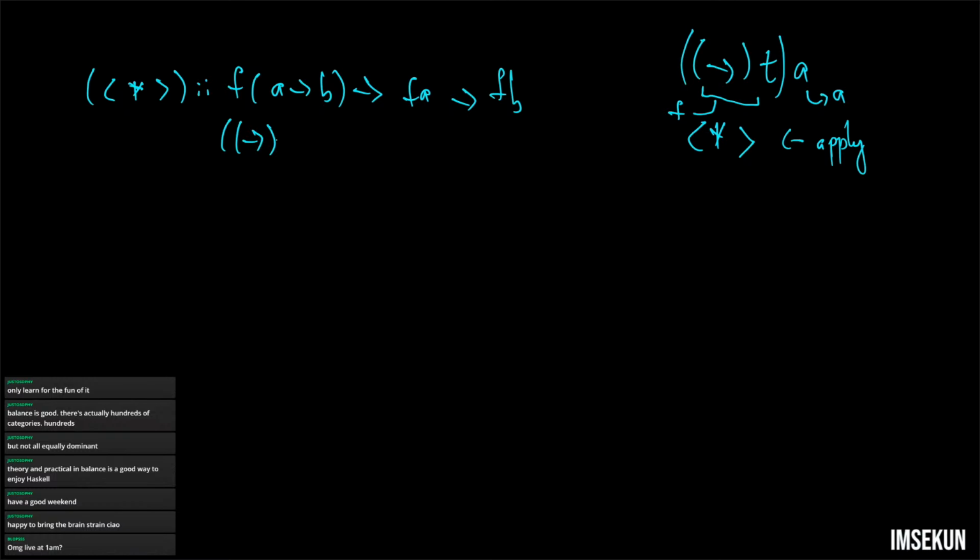this. So T, and we have A to B, and something like this. So T and A, and T and B. So something like this.